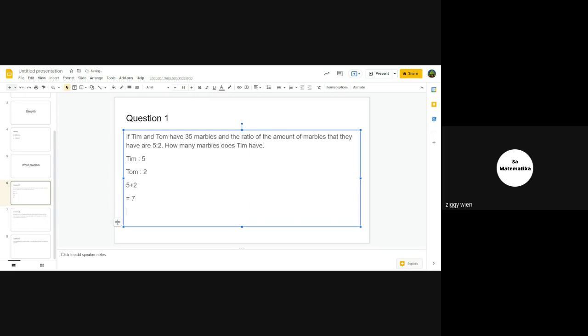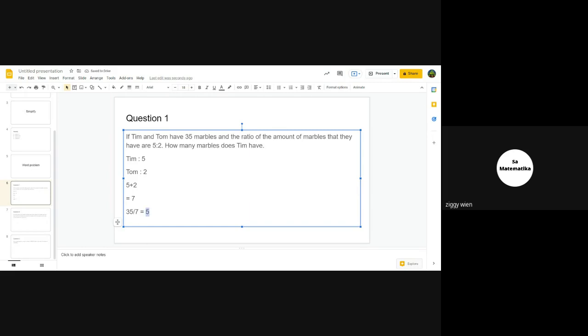Then we take the total, 35, and divide it by 7, which is 5.